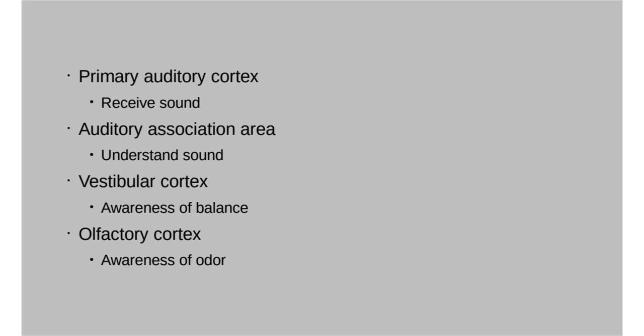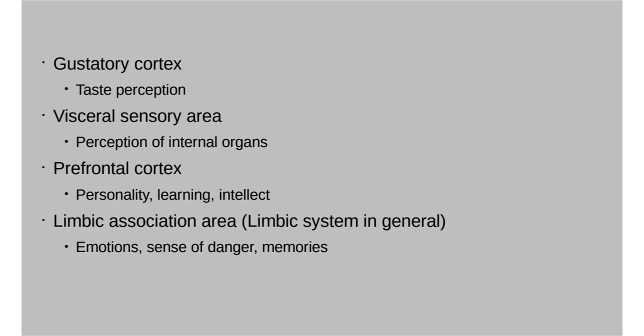The olfactory cortex is your awareness of odor, smells. The gustatory cortex, that's your perception of taste. When you eat food, your gustatory cortex is what's actually playing a role there.